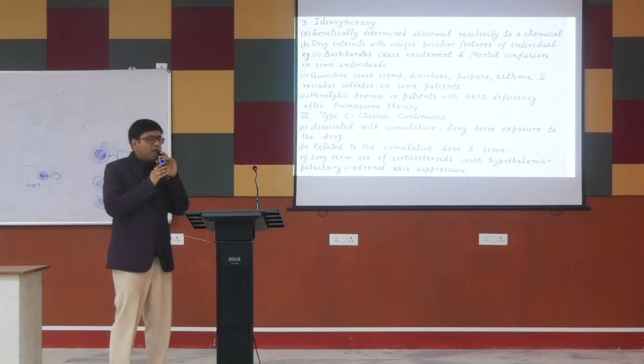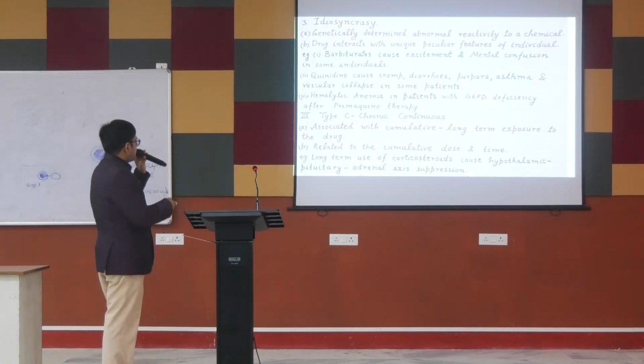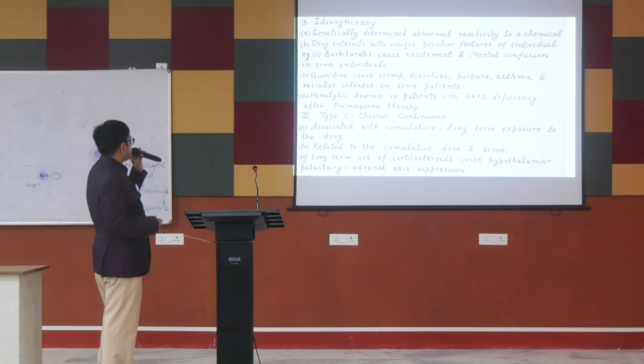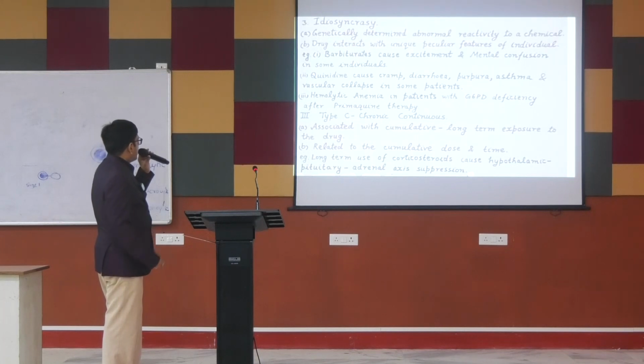Okay, so they are completely unexpected, unpredictable, like in quinidine. In some patients, suddenly cause cramp, diarrhea, asthma, vascular collapse. Barbiturates in some patients cause, even at a low dose, tremendous excitement and mental confusion. Okay, barbiturates is an anticonvulsant used in seizure disorder.